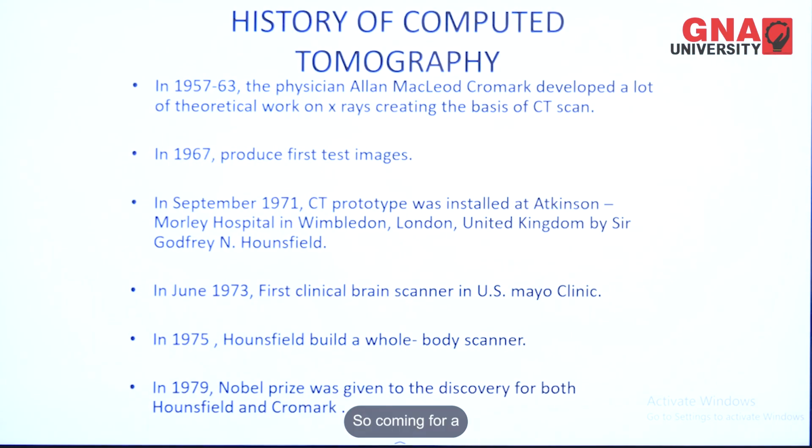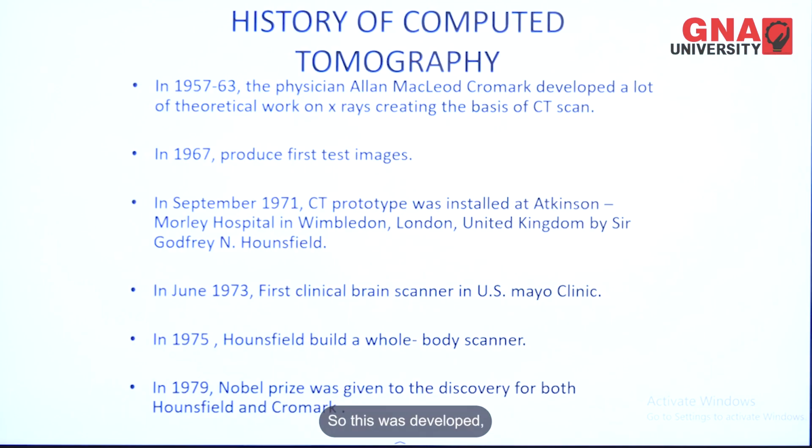Coming to a little historical perspective, between 1957 and 1963, mathematically we achieved the documentation that we can recreate an image of the cross-sectional body by taking multiple projections of that object. But until this time, we did not have any machines which were actually able to perform this.